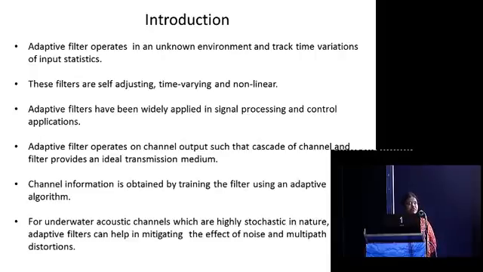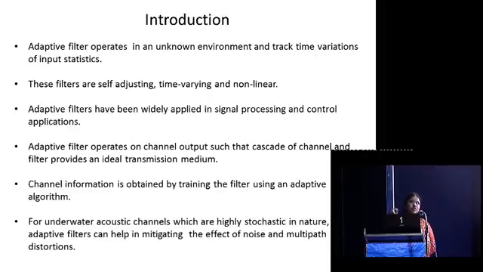What an adaptive filter does is it generally operates in an unknown environment and it will track time varying input. That makes it self-adjusting, time varying and non-linear. They find applications in various areas, including signal processing and control systems.